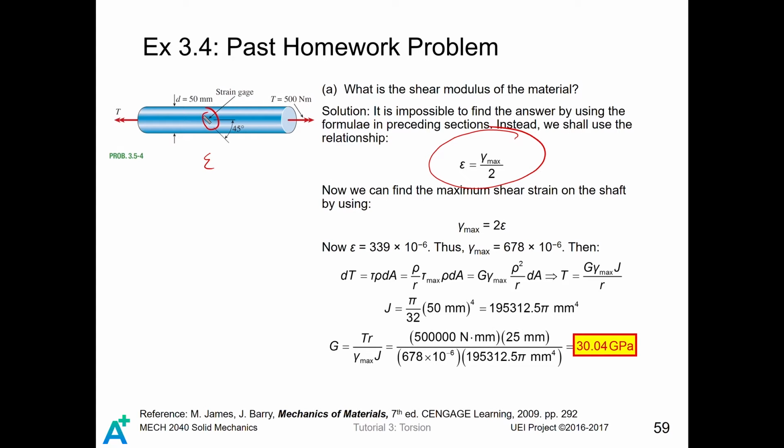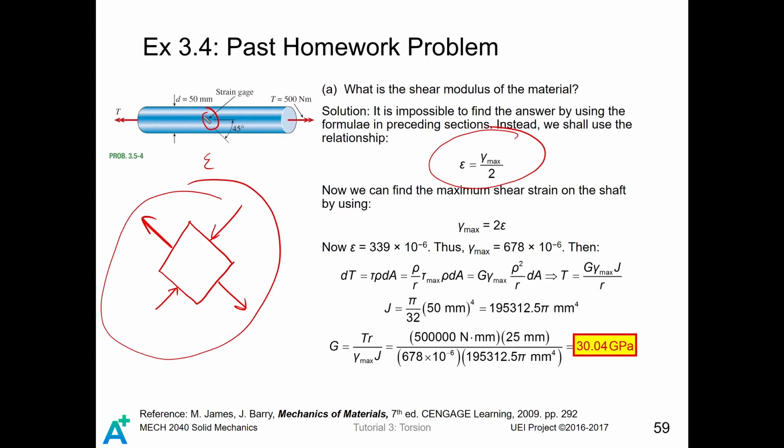Still remember that for a 45-degree inclined element, there is no shear stress acting on it. Instead, there are axial stresses acting on this element. Still remember that for the positive torque, it is tensile in this direction, while it is compressive in this direction.